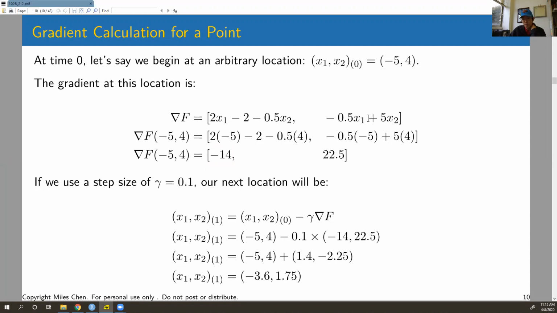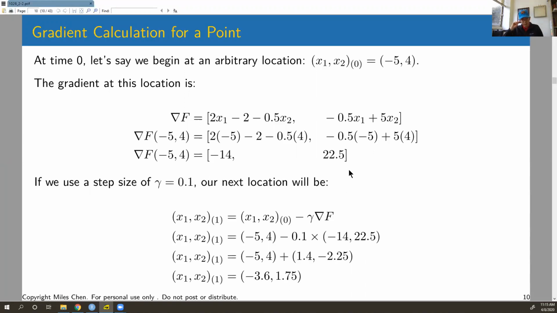I do the same thing with the other component, and I get 22.5. So my vector of partial derivatives is -14, 22.5.